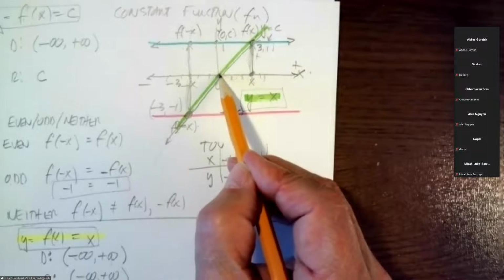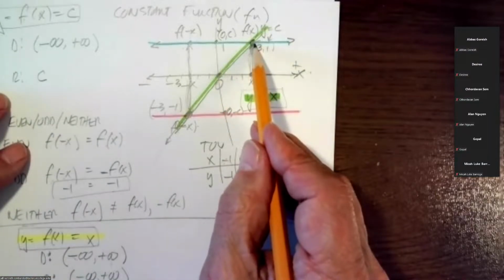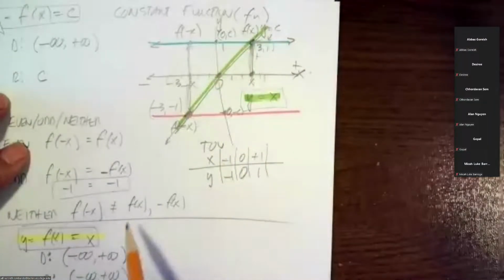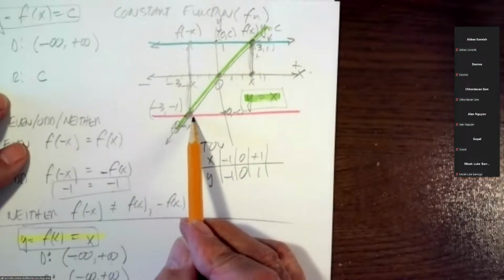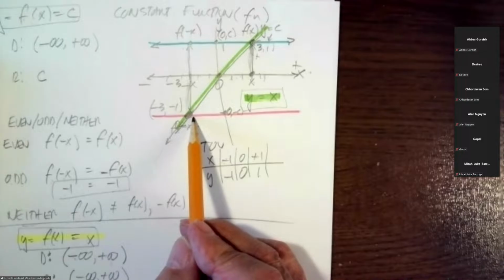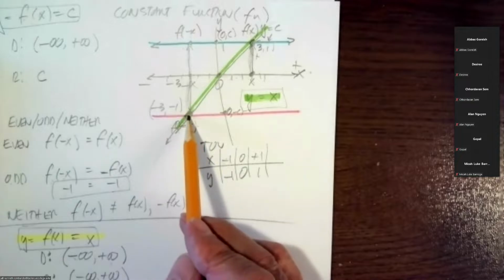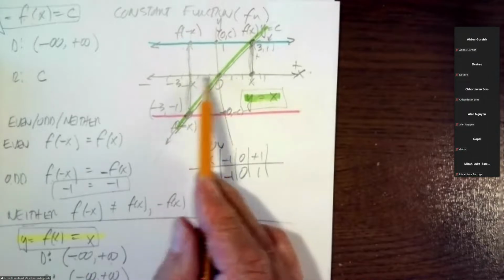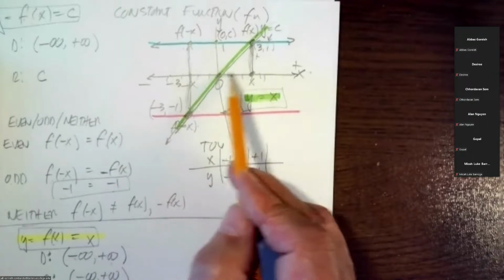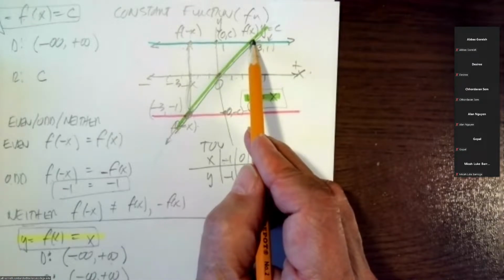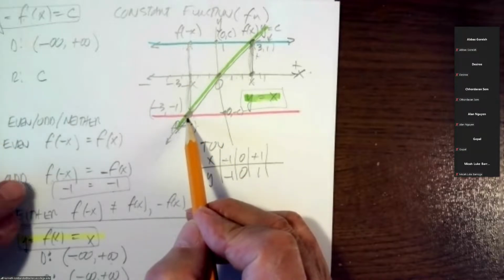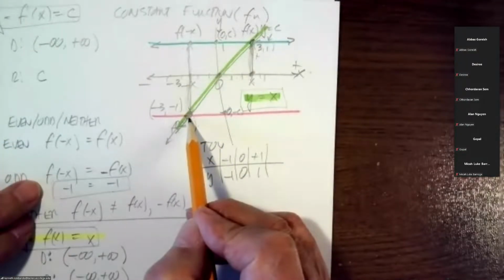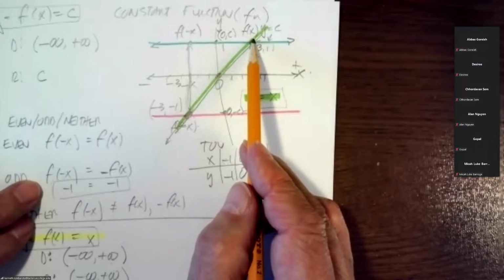So if I evaluate the function at x, I get 1. If I evaluate the function at negative x, what do I get? Negative 1, right? It's down here. So at negative 3, it's negative 1. At positive 3, it's positive 1. So f at negative 3 is negative 1, and f at positive 3 is positive 1.